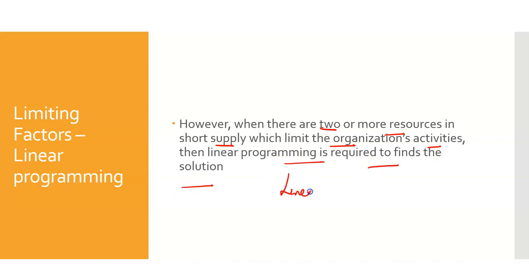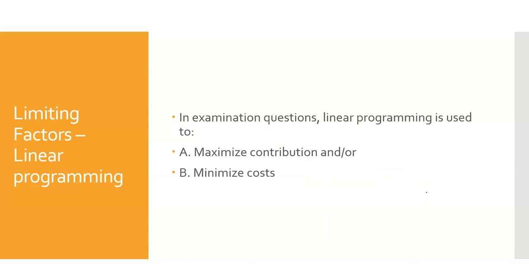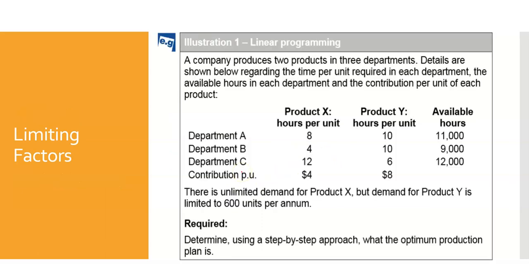Linear programming is a tool used to identify the best use of the resources we have available. It helps us to identify that point, and you'll see what I mean, because ultimately linear programming helps us to maximize contributions or, if you like, minimize costs.